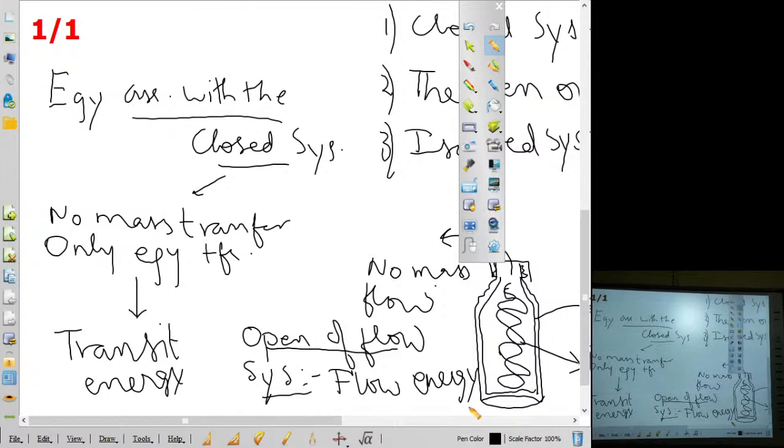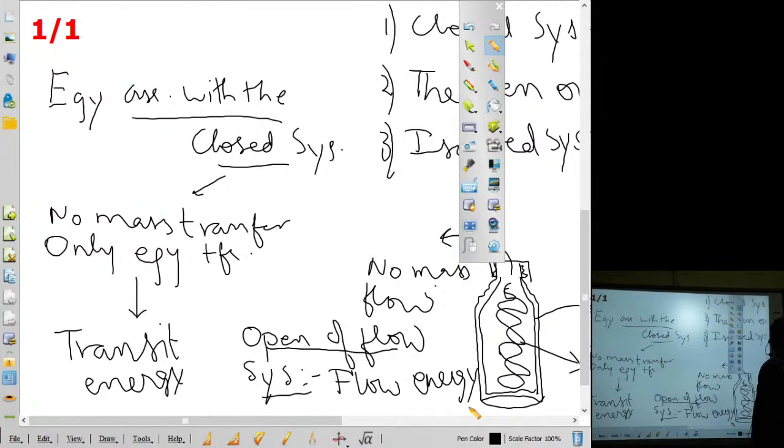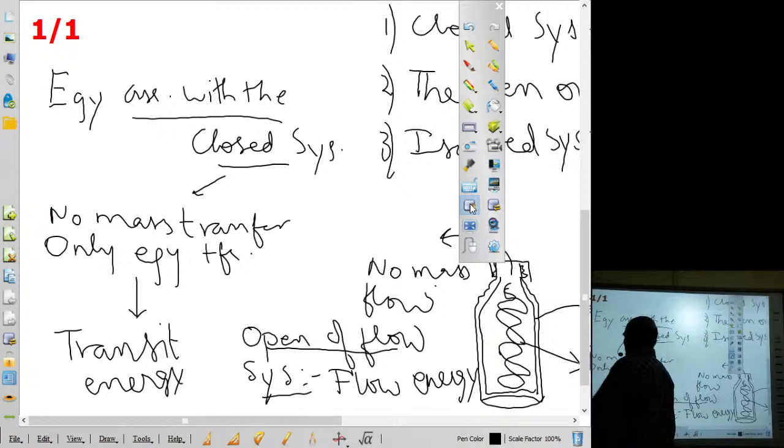Okay. So then, now, I was also talking to you about the isolated system. Isolated means completely separated.